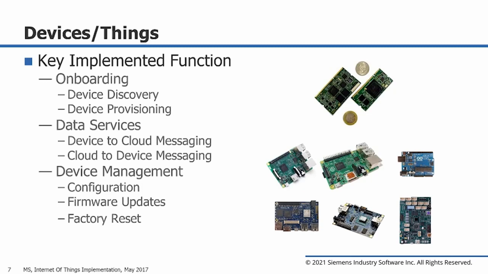Then for the rich set of devices, we can implement device management functionalities that allow us to remotely configure these devices, reset them, or do firmware updates on them. So depending on what type of system you are building, your device side implementation can vary a lot.